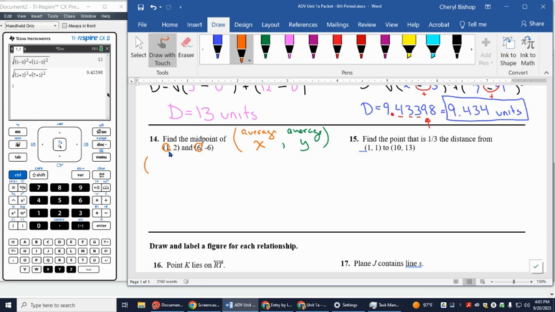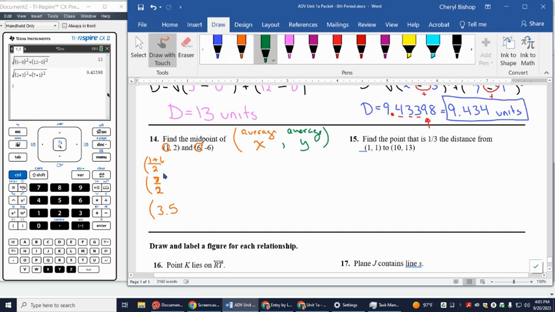So my x is going to be 1 plus 6 divided by 2. What's 1 plus 6? 7. And 7 divided by 2, you can either leave as 7 halves, or you can change it to 3.5. They're both correct. Because 3.5 is a nice even decimal, like it doesn't keep going forever and ever.